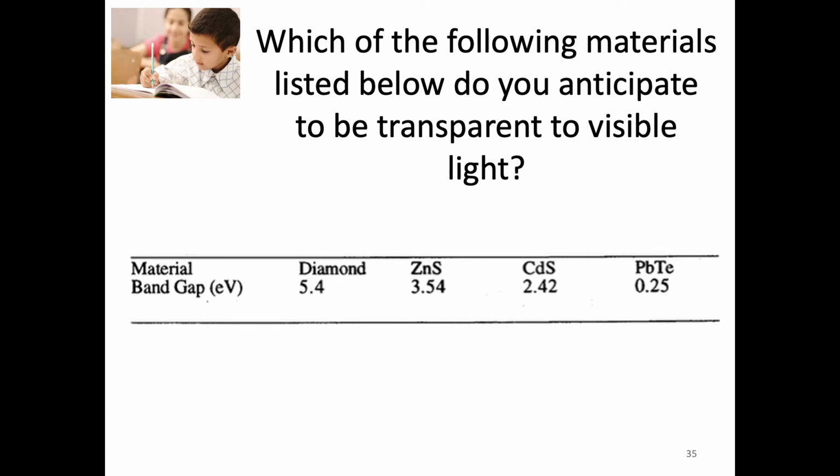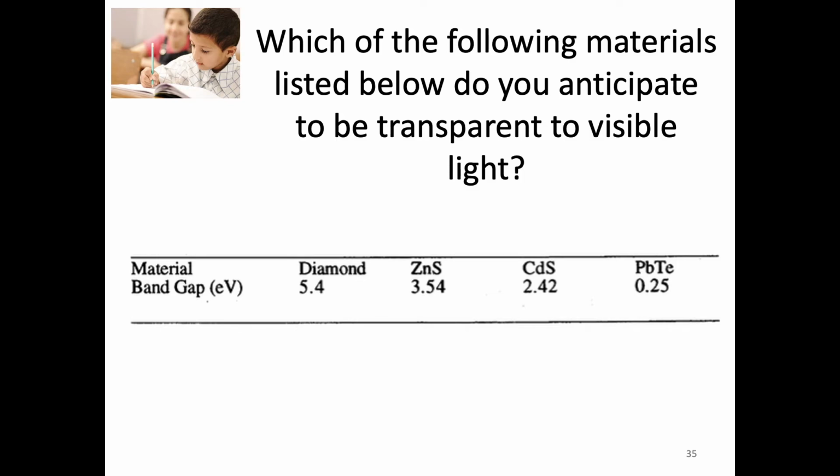So visible light has energy in that range. If that encounters a material and the band gap is higher than that, let's take that high number, 3 eV, the maximum amount of energy we can have for visible light.